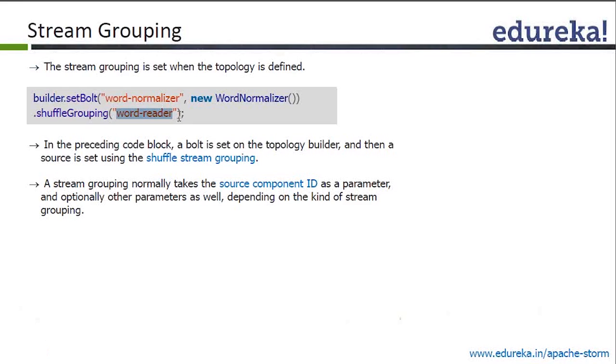But right now, assume word reader is a source, a spout. This is where you are defining a shuffle grouping. Is that clear? What does it do? I'm coming to that also. But is the overall premise of this slide clear to you?